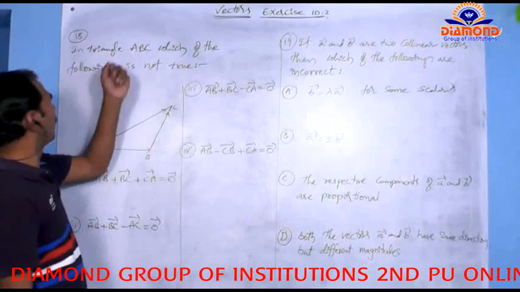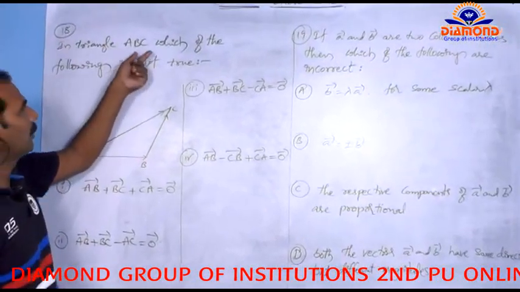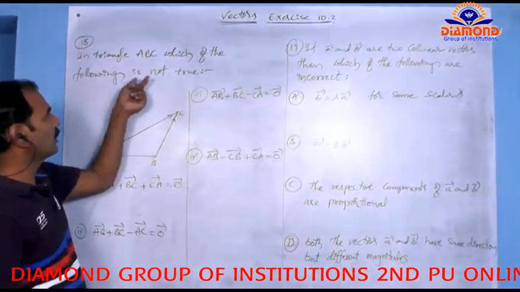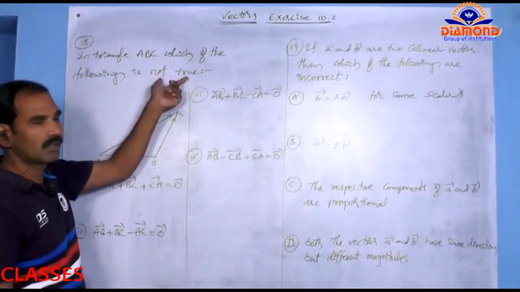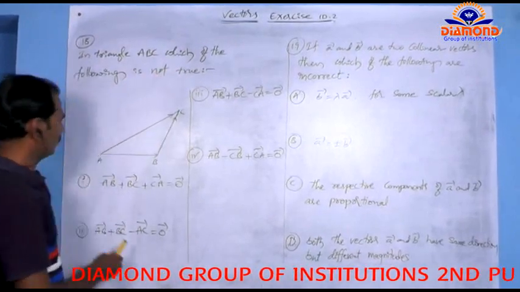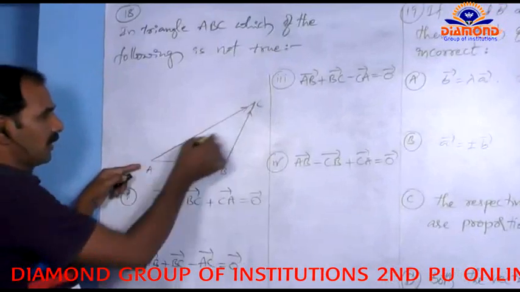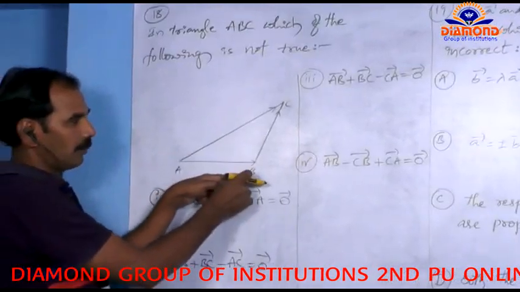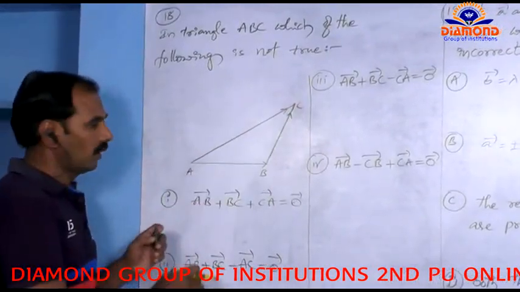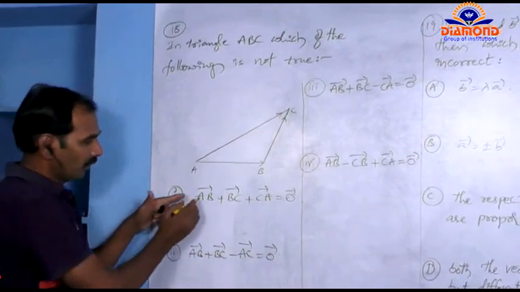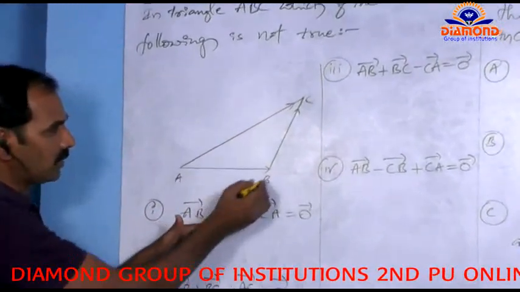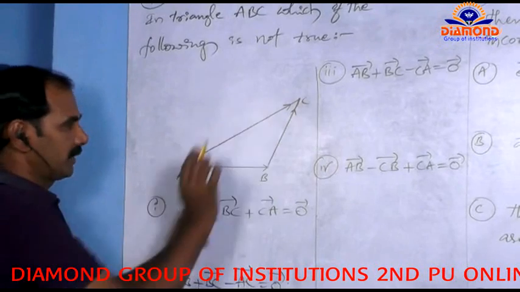Problem number 18. In a triangle ABC, which of the following is not true? ABC is a triangle with vectors AB, BC and AC. By the triangular law, AB plus BC equals AC.